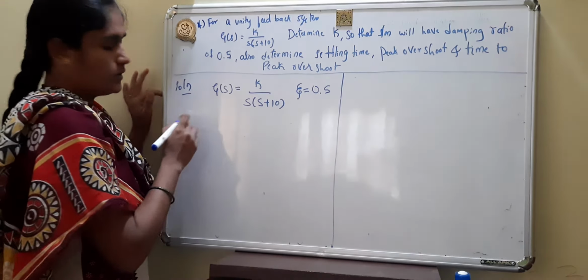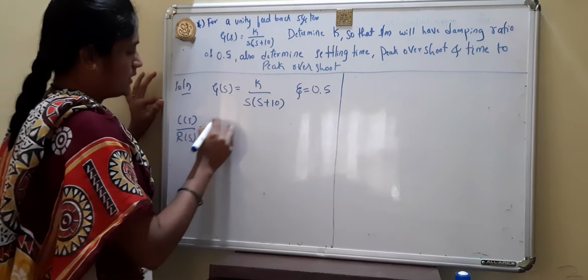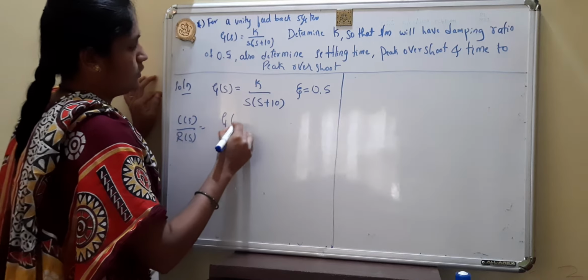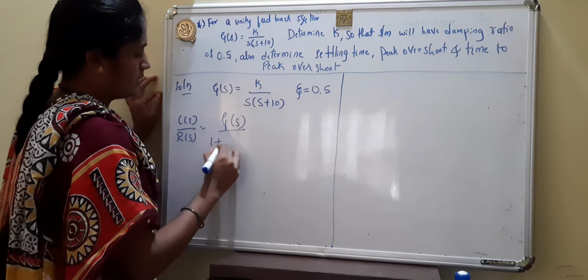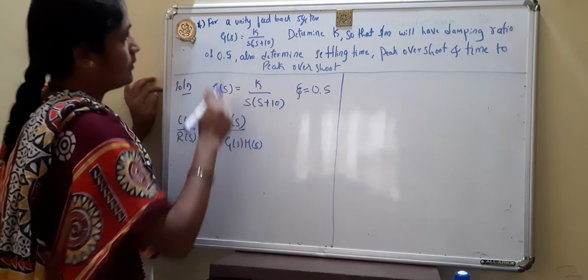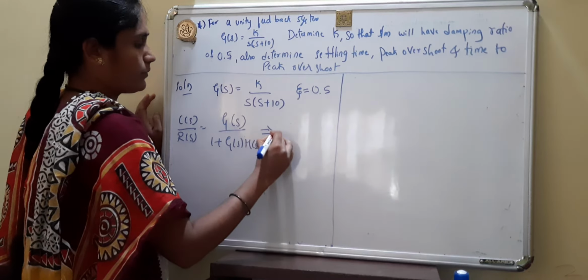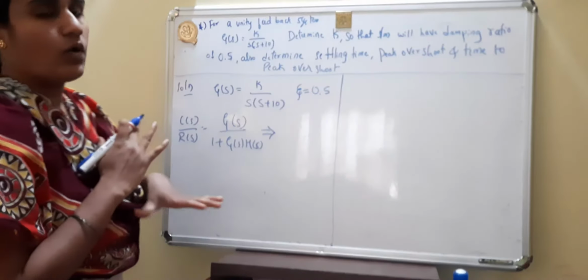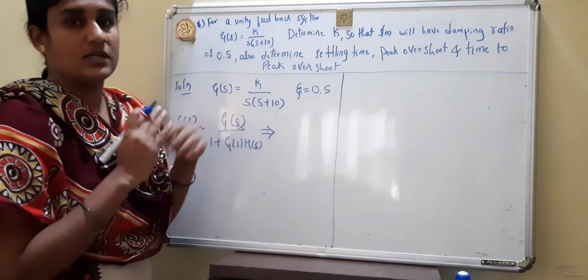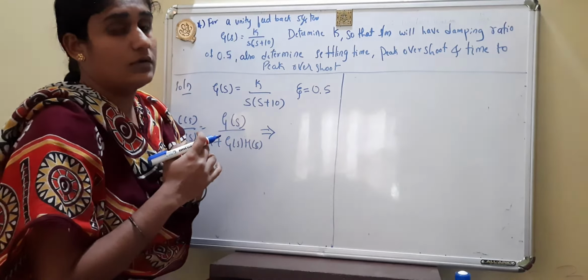Okay, we have C of s divided by R of s, that is G of s divided by 1 plus G of s H of s. Here they mentioned unity feedback, which means H of s becomes 1. So first we have to express this in terms of the standard second order equation.